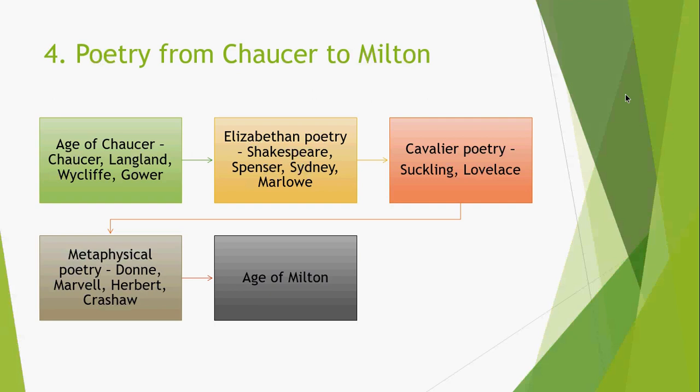Then in the last chapter, the last unit that we discussed in the class yesterday, we took up a survey of poetry from Chaucer to the time of Milton. While we were looking at this part of your syllabus, we studied how Chaucer has a very important role to play. He is considered to be the father of poetry in English, and therefore he occupies a very unique place, not just in his age, but in several ages to come.